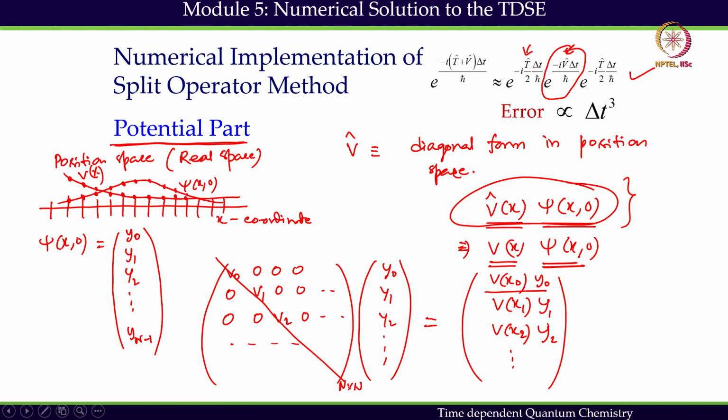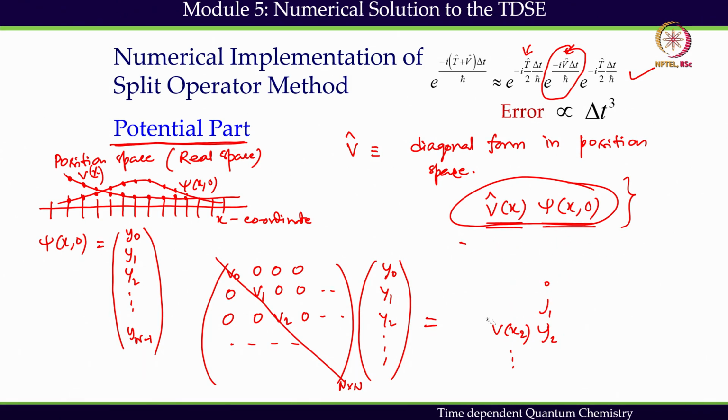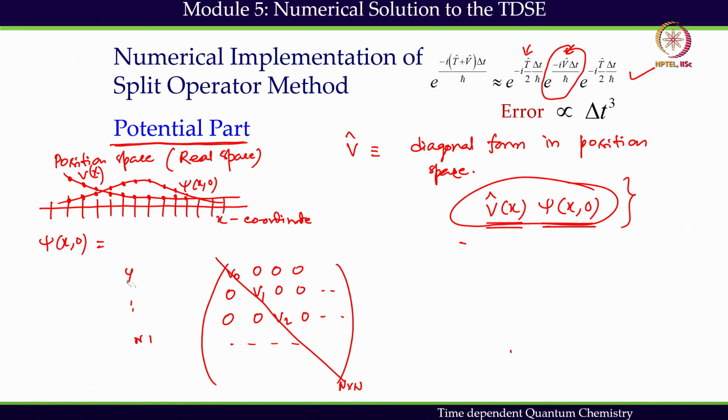So the potential operator is a diagonal matrix, and because it's a diagonal matrix, one can directly write down the exponential of the potential matrix as follows. I have this potential matrix V, which is in a diagonal form already.